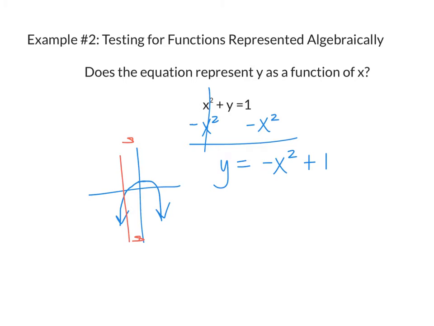This vertical line will never be touched in more than one place at one time. While it's here, it's only touched once. While it's here, it's only touched once. So this function will pass the vertical line test. So again, this is a function.